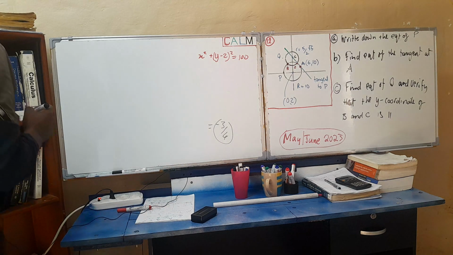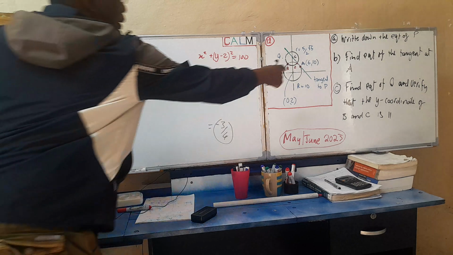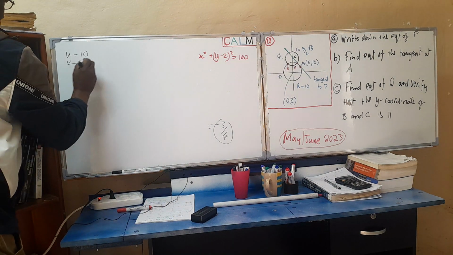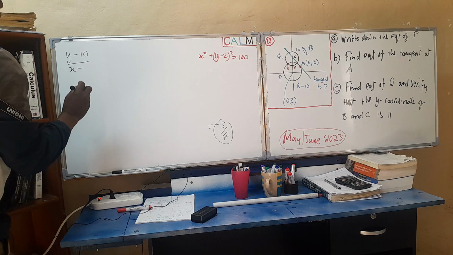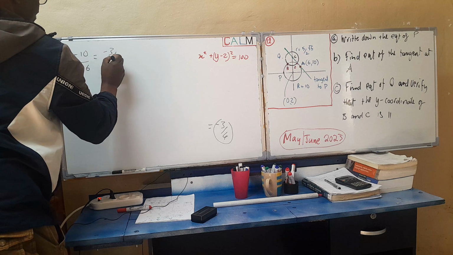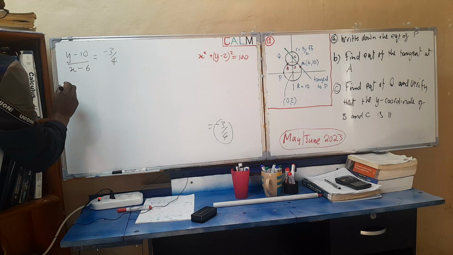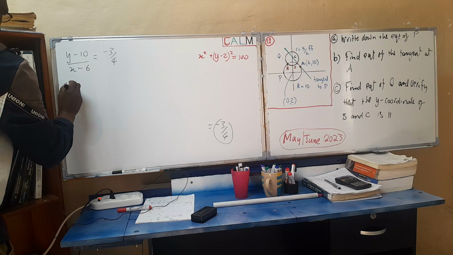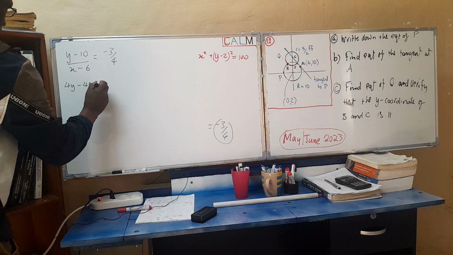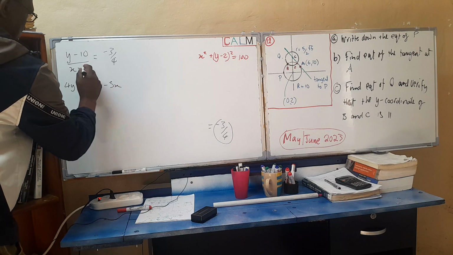So we can now say y minus 10, the value of y there, divided by x minus 6 is equal to what? Minus 3 over 4, the gradient. Cross multiplying, we get 4y minus 40 is equal to minus 3x plus 18.